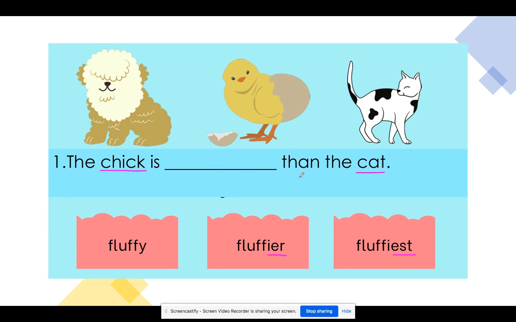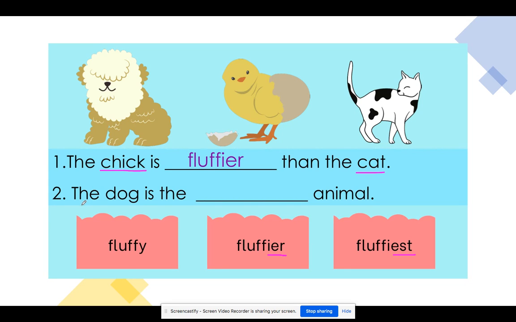Should it be the chick is fluffy than the cat, the chick is fluffier than the cat, or the chick is fluffiest than the cat? When you compare two items, you need to add er. So my answer is the chick is fluffier than the cat.